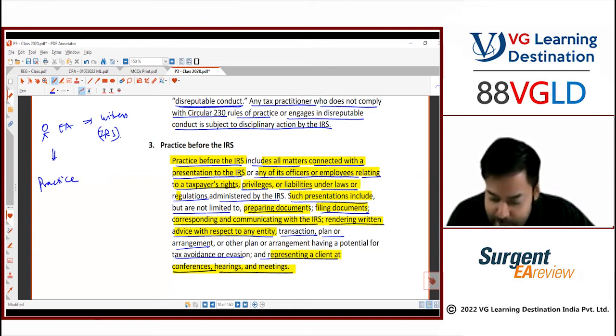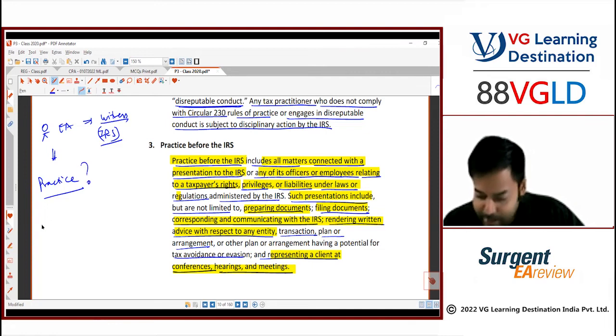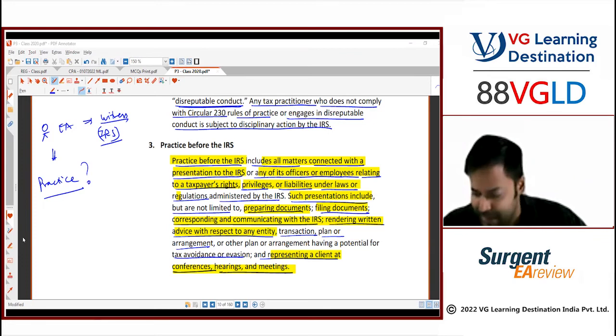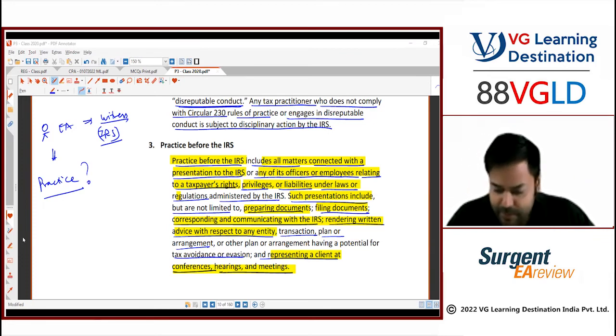You're just going there as a witness. Correct. That is you just going there as a witness only, so that should not tend to amount to practice itself.